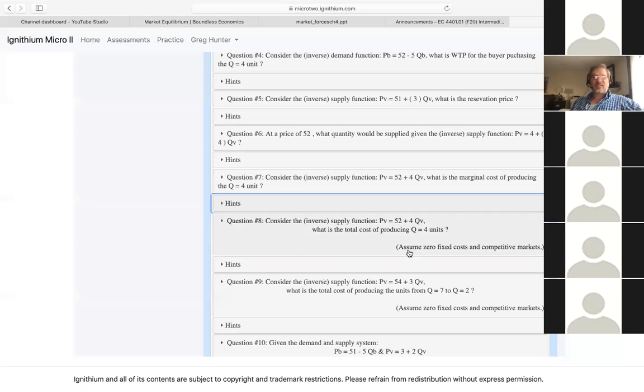And notice it says, assume there are 0 fixed costs and competitive markets. Well, it turns out that the area beneath the marginal cost curve is total cost. That's the relationship, and we'll learn more about it later. But for now, all you have to know is that you're calculating the area underneath from 0 to 4.